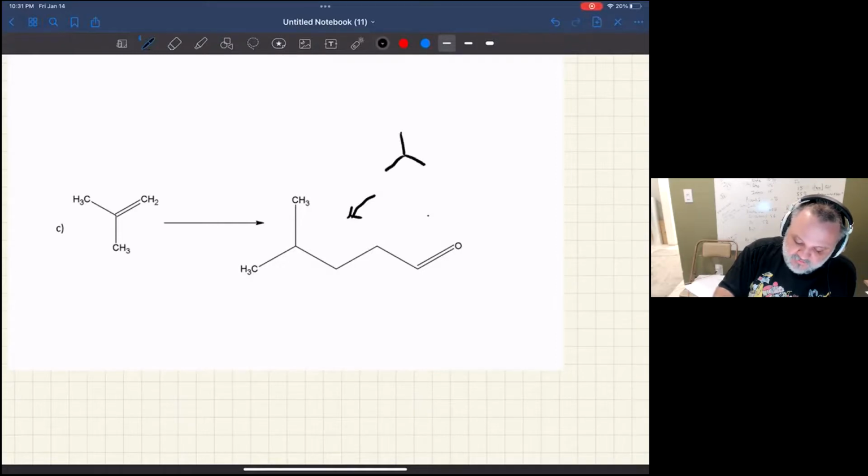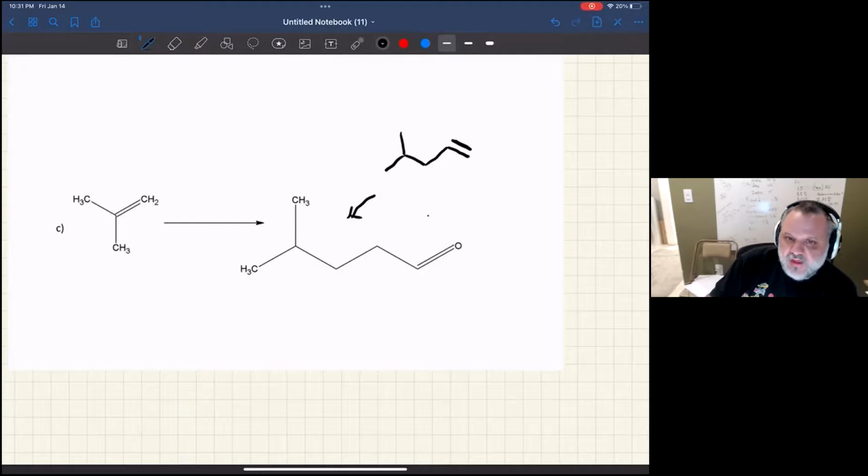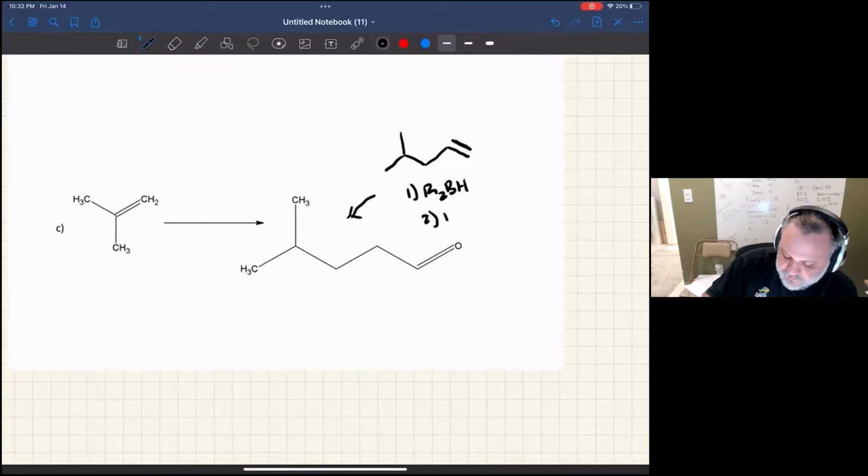Well, just like we said before, I could make it from either O3 or in DMS by getting rid of one of the carbons and making it into a carbonyl group, or I can do anti-Markovnikov hydroboration oxidation. So for the same reason that we did before, let's go ahead and start off with hydroboration oxidation, because that's going to be more carbon efficient.